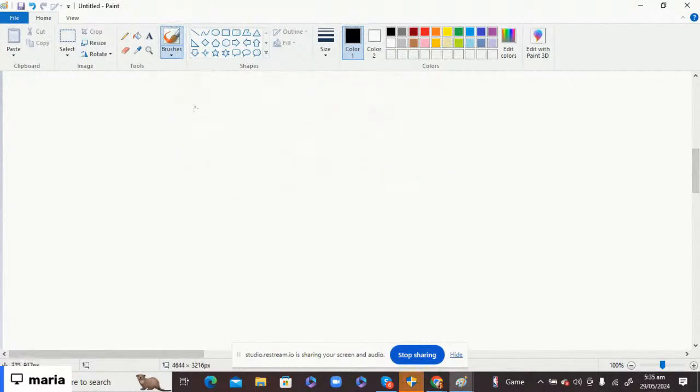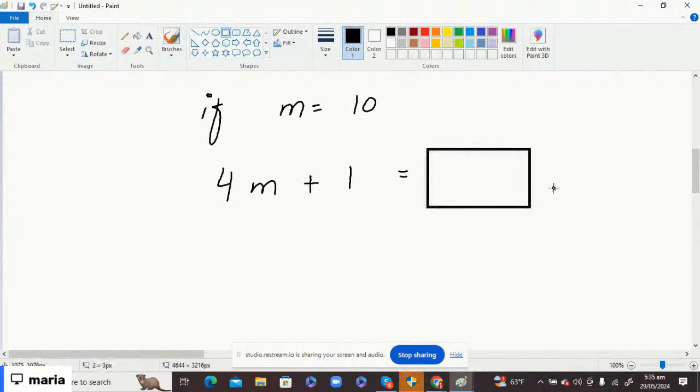For example, let me write it here. If m is equal to 10, what's the answer for 4m plus 1? What we do is simply put this value of 10 in place of this m. Just put 10 in place of m, so 4 times 10 plus 1.